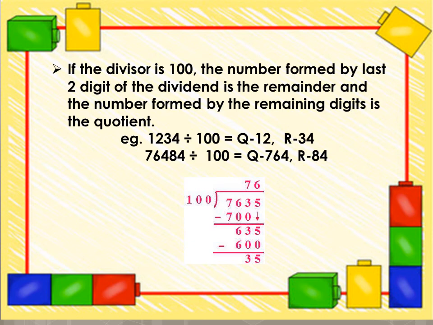See children, here 100 is a 3-digit number, so we have divided into 3 digits of the dividend. First we took the first 3 digits, and then when we got the difference of 63, that was 2 digits, we completed it by taking 5 down, a 3-digit number, and then we divided it into 635.